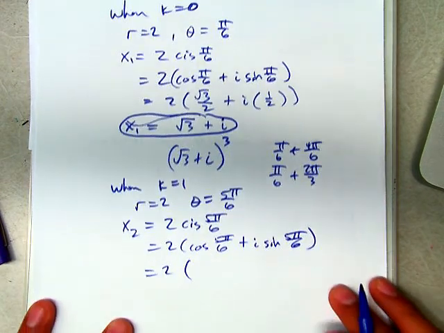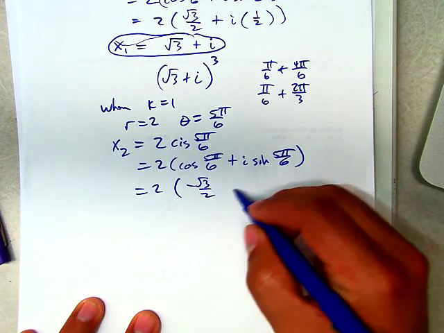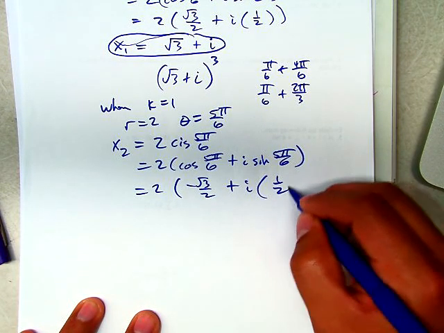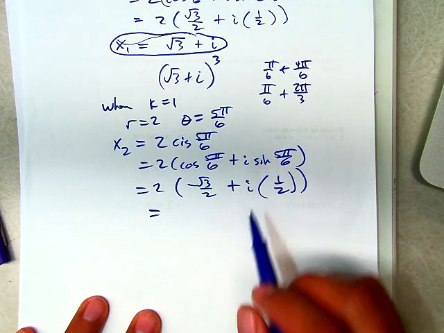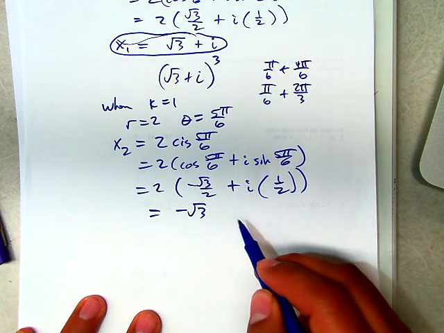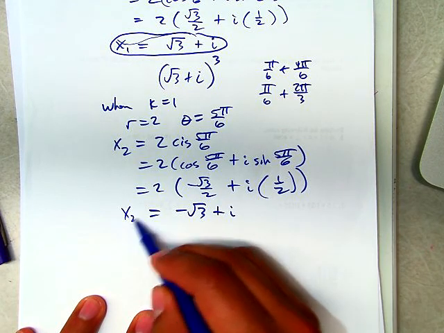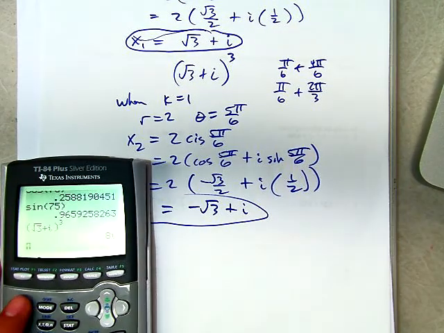What's the cosine of 5 pi over 6? Negative root 3 over 2. And then sine of 5 pi over 6, still a half. So my second cube root of 8i is negative root 3 plus i. So this is my second cube root. And again, you should always check.